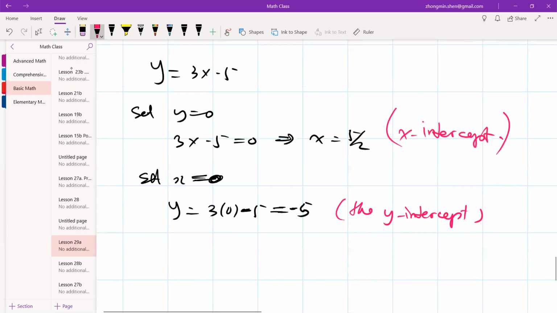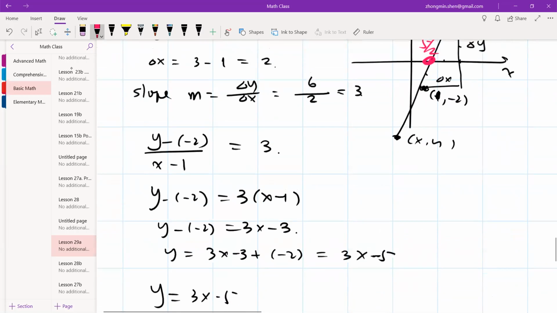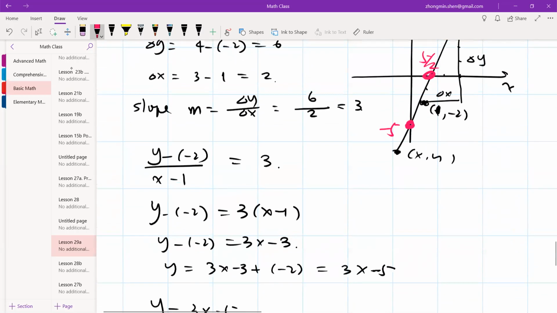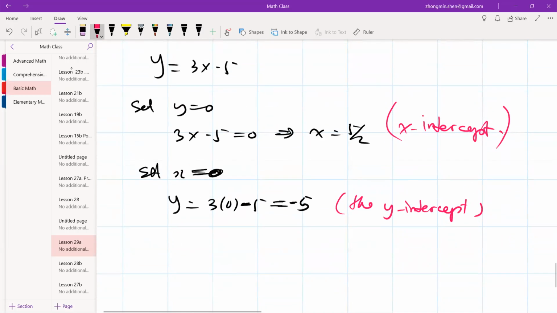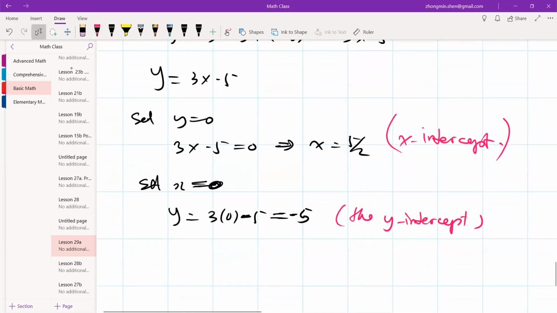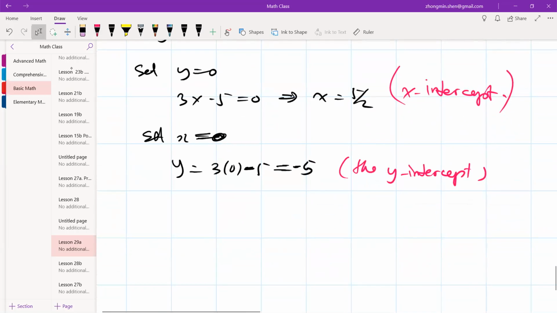Okay, what's the geometric meaning of that? Where's -5 here? It's here. You see, look at the picture, it's -5. So you actually find 2 more points on the line, right? One is on the x-axis, the other one is on the y-axis.